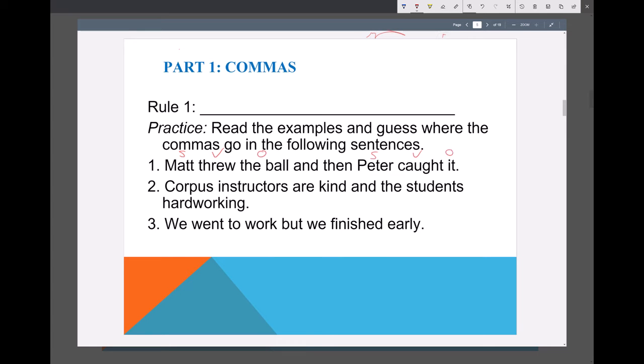See how last week's lesson is helping you? Okay, so I know what this word means, I know what this means, I know what Peter caught it means. So then we have then, and we have and. So we have a conjunction word here.